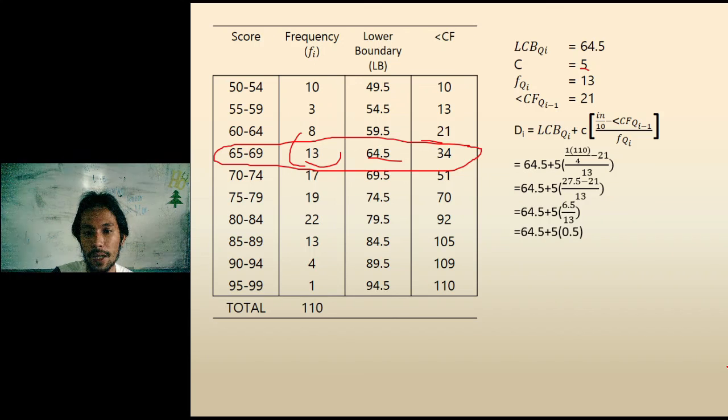So, 64.5 plus 5 times 0.5. So, 64.5 plus 2.5. So, the first quartile is 67.